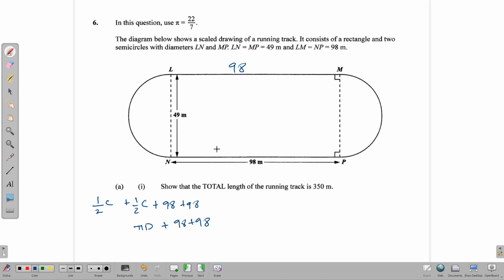Now pi times diameter here is 22/7 times 49, which we can do some quick calculations with and get a 7 there. 7 times 22 here is 154. So we have 154 plus 98 plus 98. 98 plus 98 is 196.